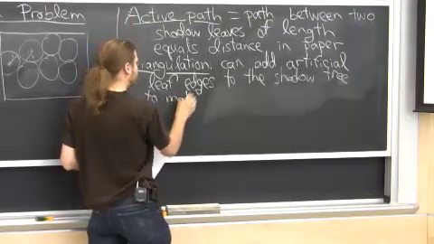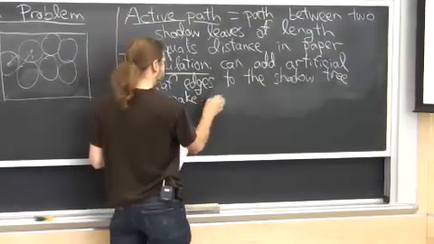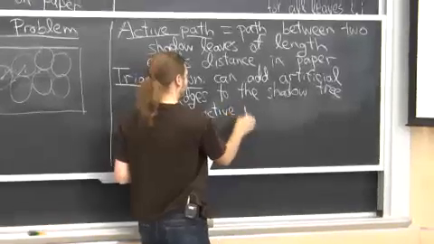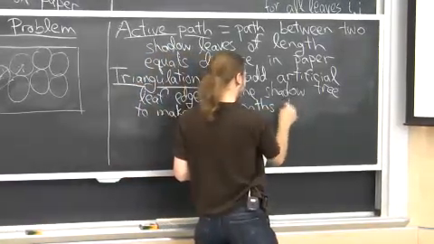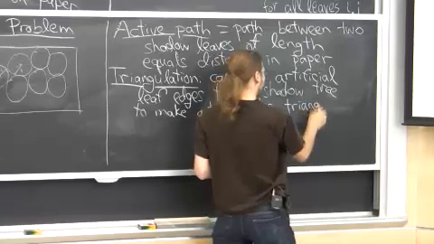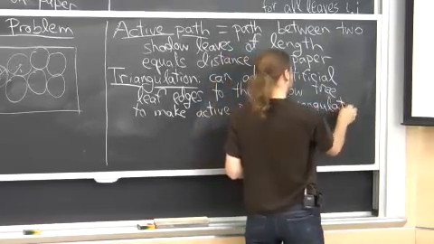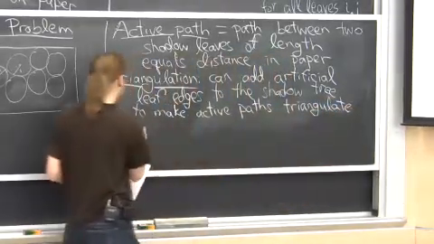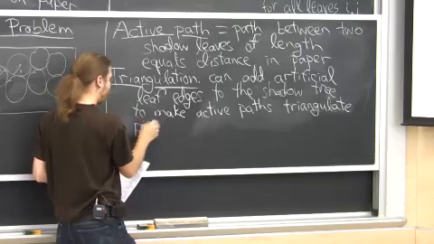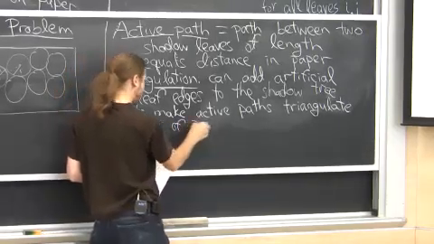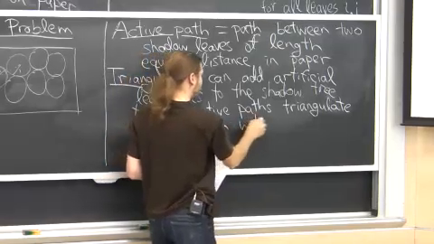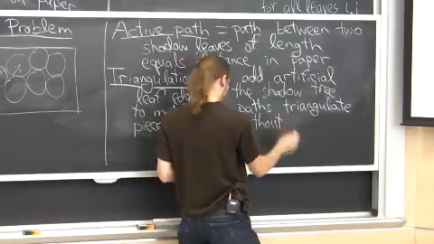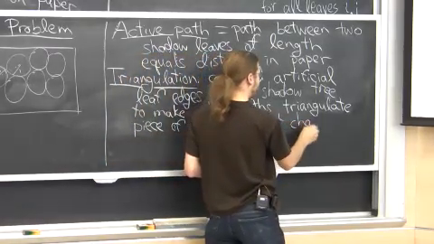My goal is to make the active paths triangulate the paper without changing the scale factor.